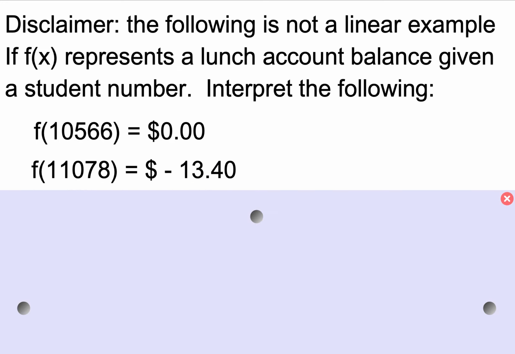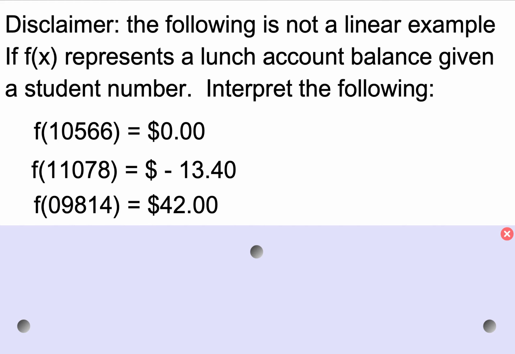The student that has a student number of 11078 has an account balance of negative $13.40. And then the student that has a student number of 09814 will have a lunch account balance of 42. And that's just interpreting the function.